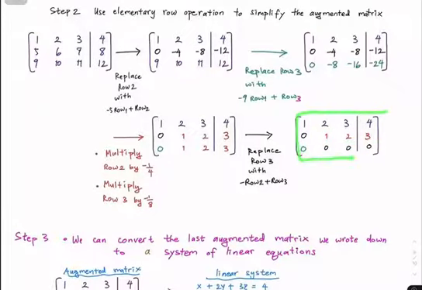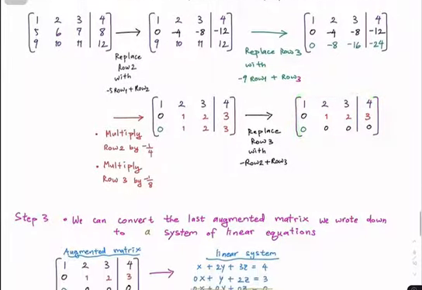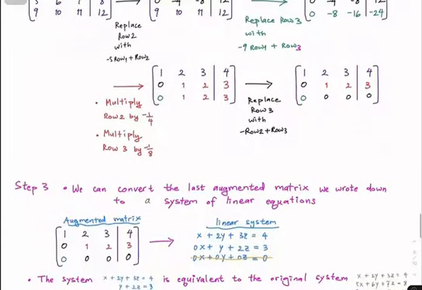So from here, we can continue applying elementary row operations to simplify the augmented matrix even further. But right now I'm choosing to stop. And now I'm going to convert this augmented matrix into a system of linear equations. So all I do is put back the variables in front of the coefficients and then replace the vertical line with equal signs.